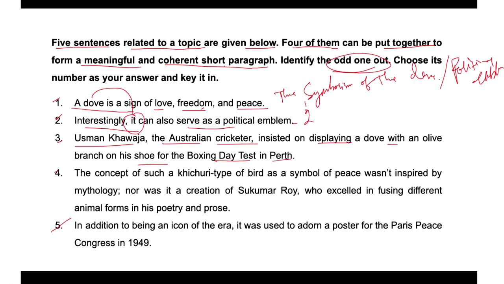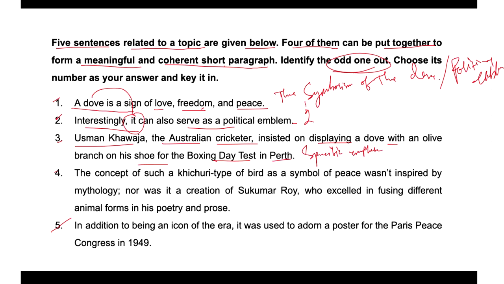Now, in that case, option three provides a specific example of the dove being used as a symbol in a particular event.